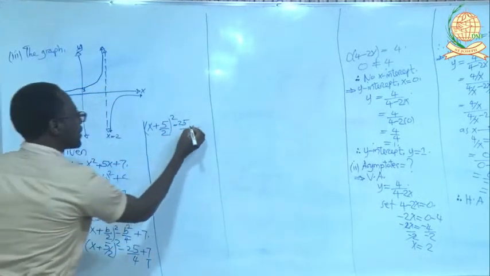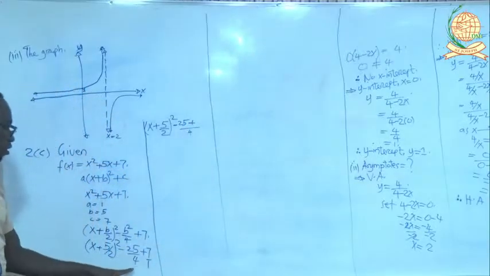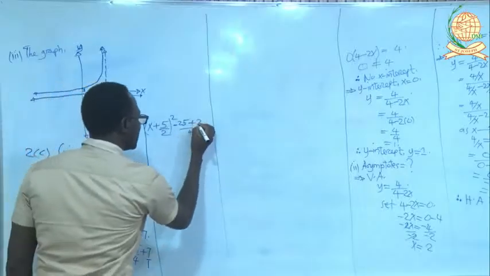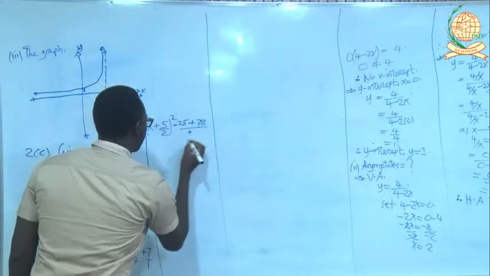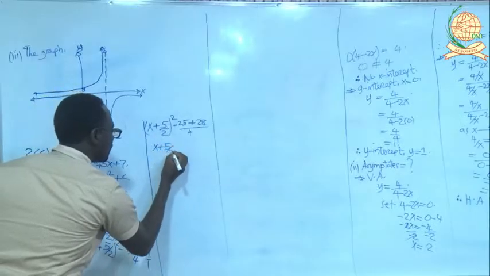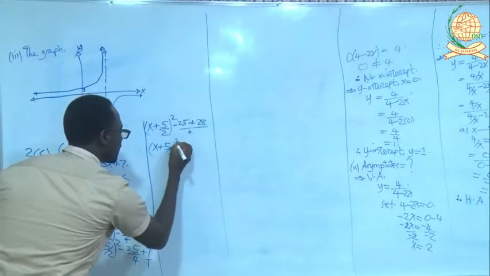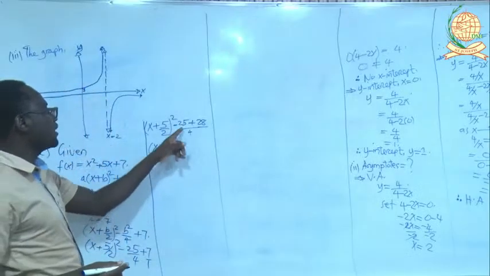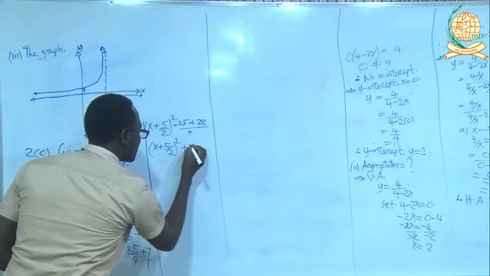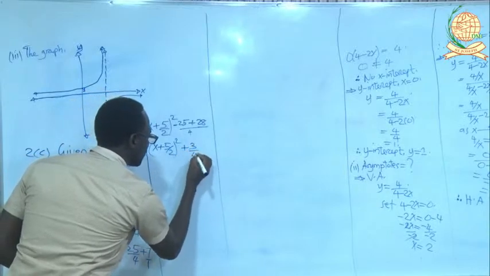Then here we have plus. 4 divided by 1, it is 4 times 7, we get 28. So this is x plus 5 over 2 squared. Then negative 25 plus 28, we get positive 3, then over 4.